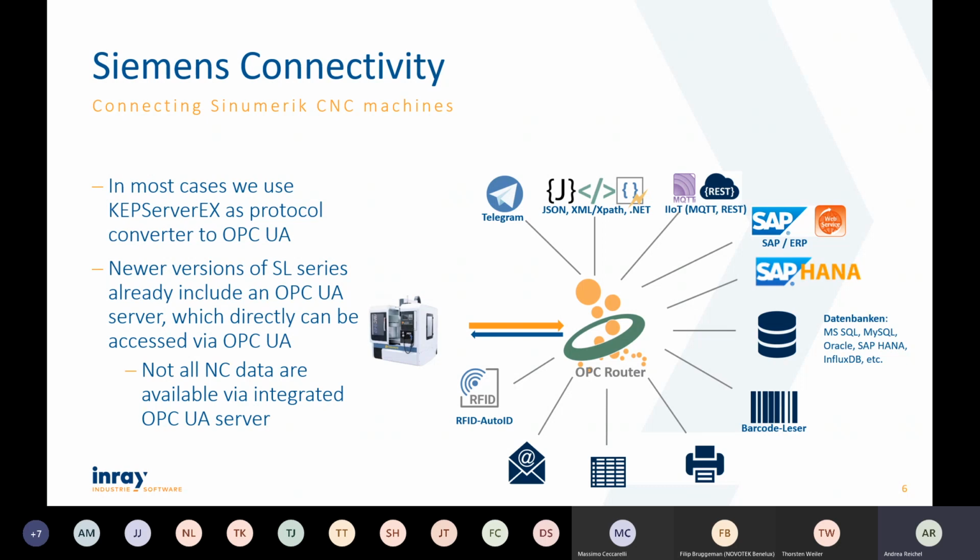Or you can directly communicate with SAP HANA, the SAP HANA database, or you connect to any type of database, SQL databases, or document-oriented databases, or also InfluxDB if you have process values and want to send many process values in a very effective way. Then you can use InfluxDB, for example, as a target system.